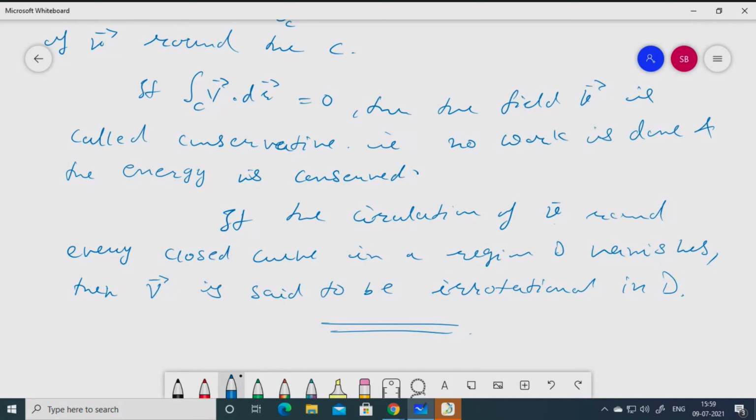Please answer. So these are the applications. Based on this only we have to solve the problems. There are a variety of problems given related to this line integral. You may need to show that in an irrotational field, the value of the line integral between 2 points will be independent of the path of integration, and that will be equal to their potential difference. This kind of problem can be given.